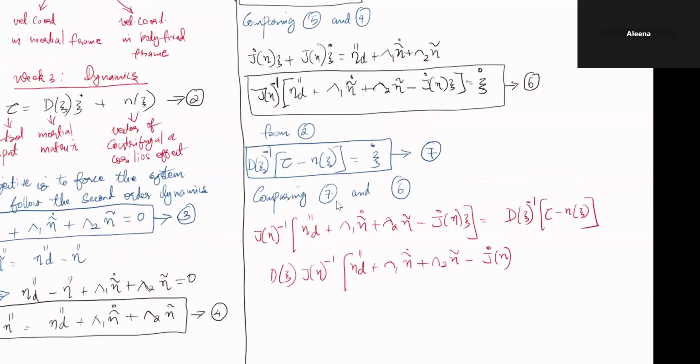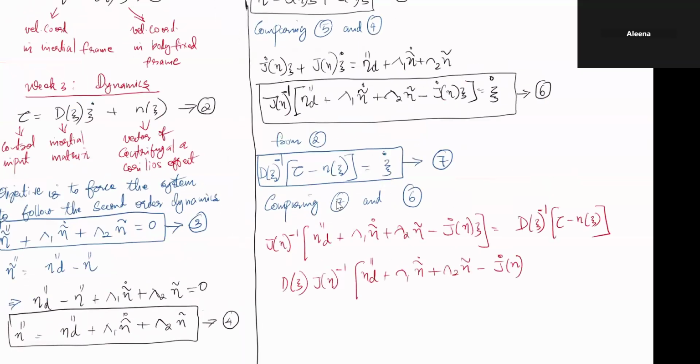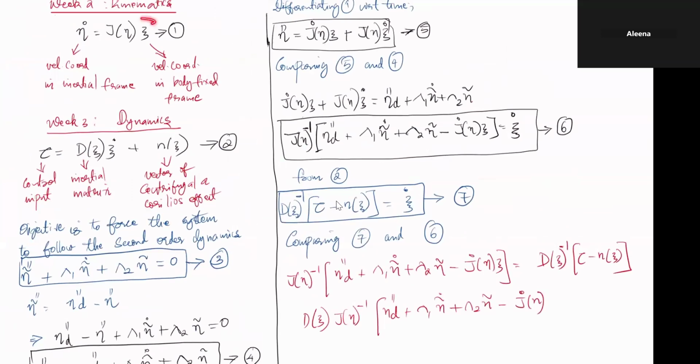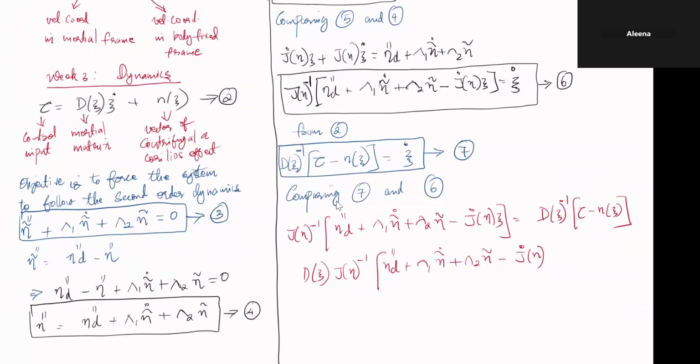And in place of this zeta, I'll replace it from this equation 1, right? Where zeta is J of eta inverse eta dot. So I'll replace that directly.